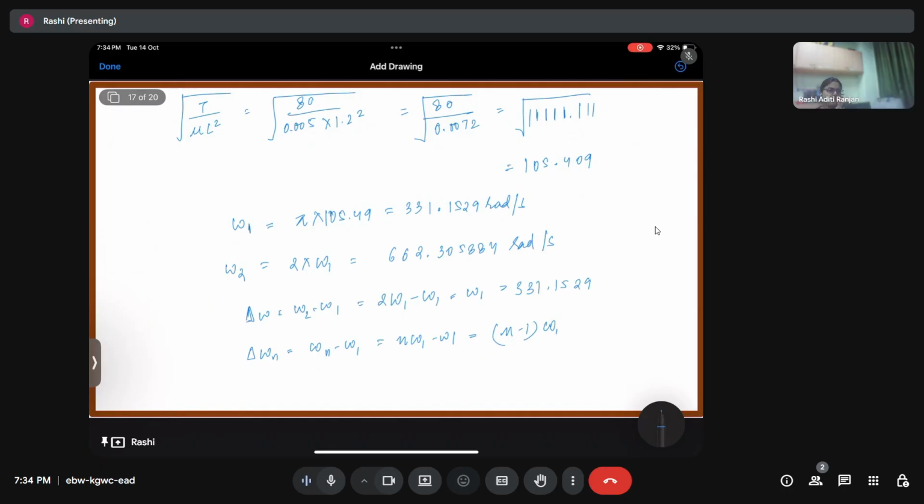I hope you know that for a guitar there are various strings, and the tension is different in every string. If you have some knowledge about how a guitar is used, there are 5 to 6 different strings, and there is a different tension in every string.